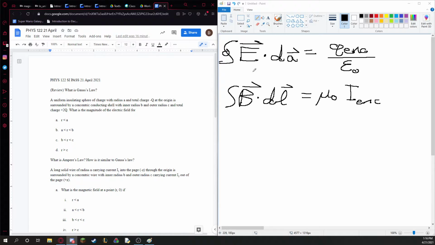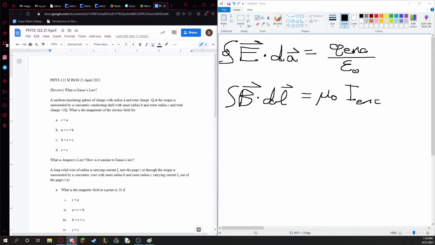What sort of situations are we able to use Ampere's law in to find magnetic fields? Symmetrical cases, exactly. That's the main thing I'm looking for here.